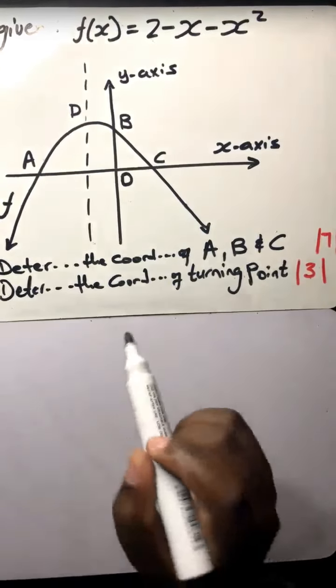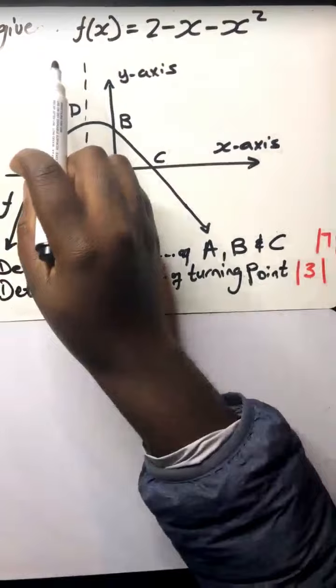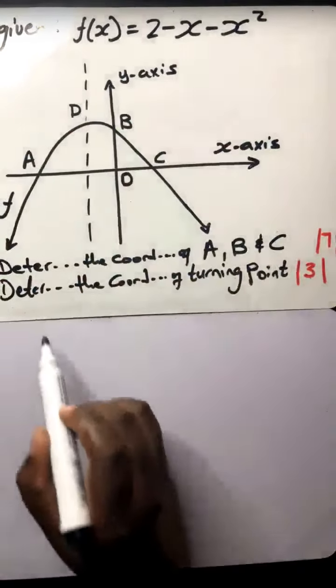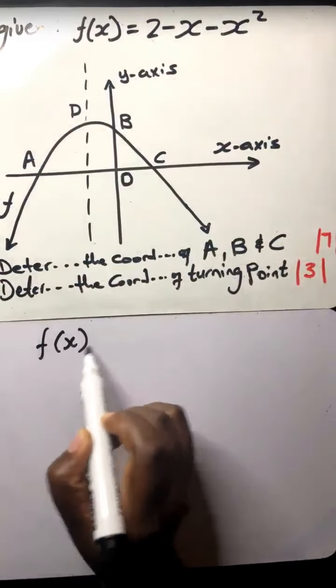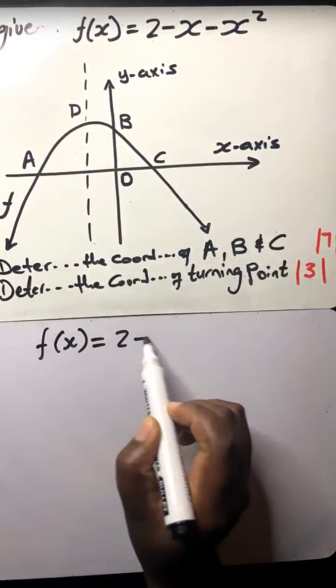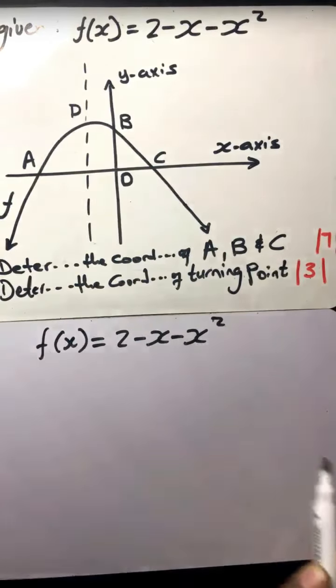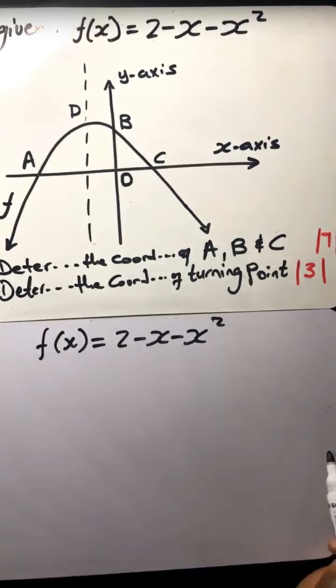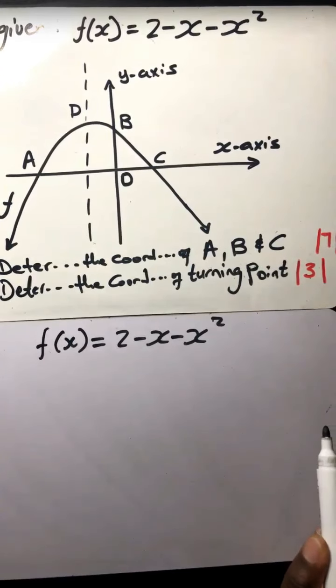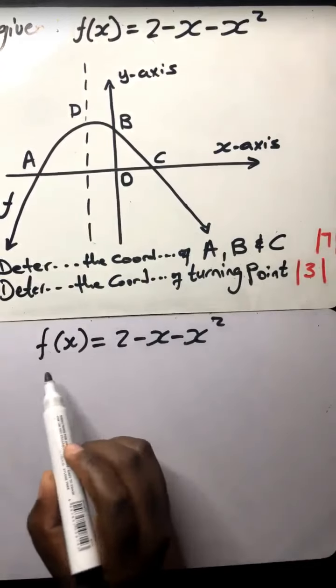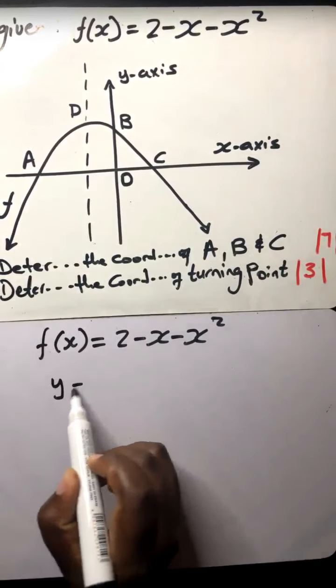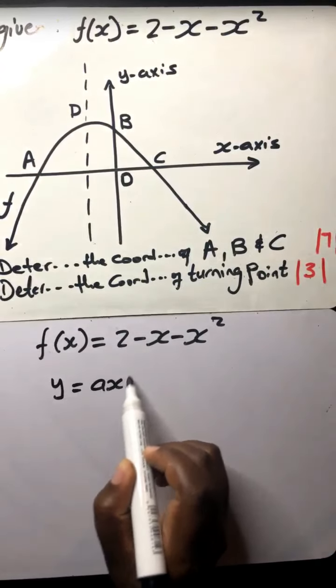So it's fine. You are given this graph, which is f of x, it's equals to 2 minus x squared. So remember, guys, always when you're given a function, just make sure that you rewrite that function in the standard form. Which standard form? This is the standard form in which you write a parabola.